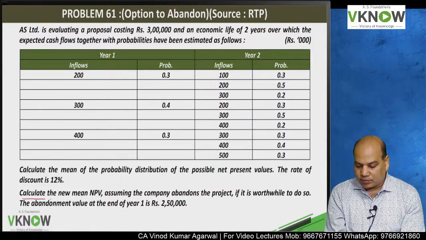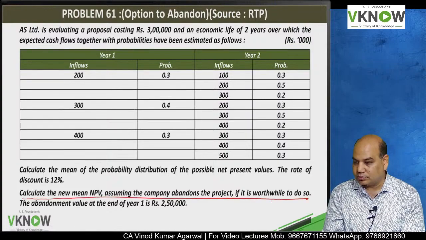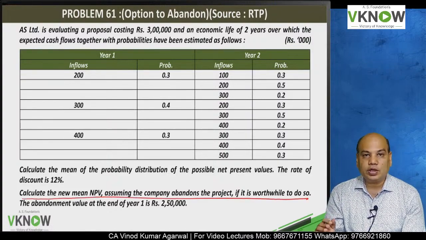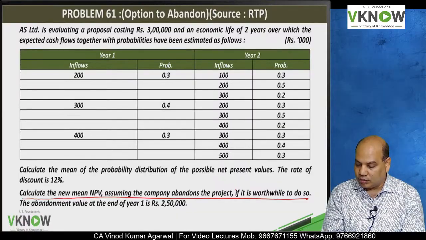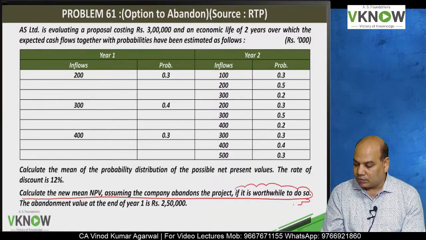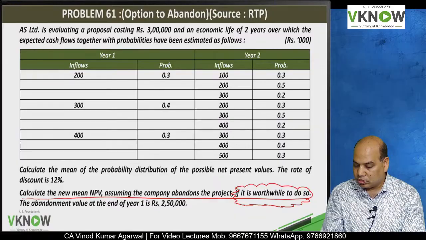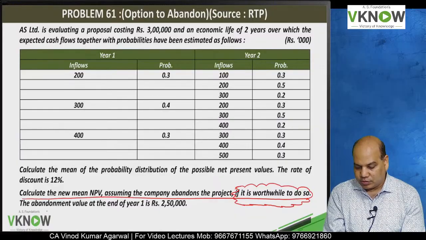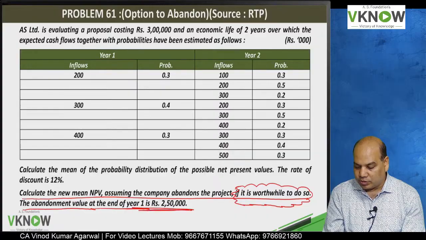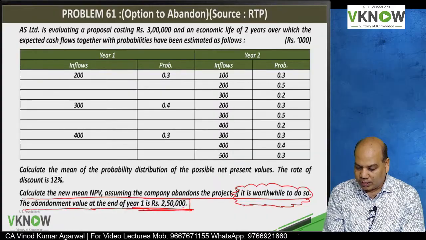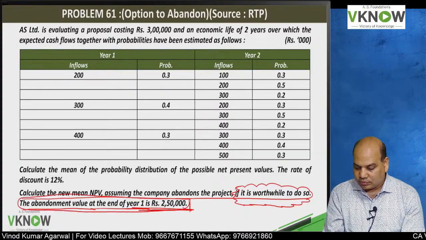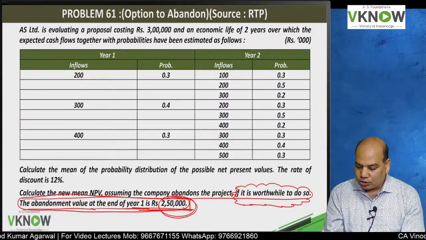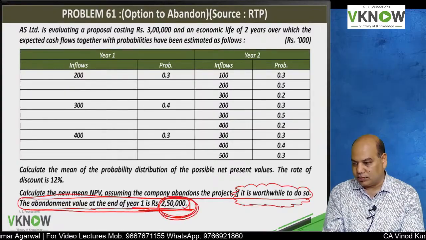That means if abandonment will give more value, then it can abandon the project. The abandonment value at the end of year 1 is 2,50,000. If you abandon after year 1, the scrap value is 2,50,000.